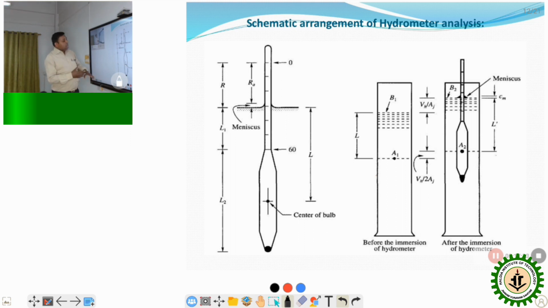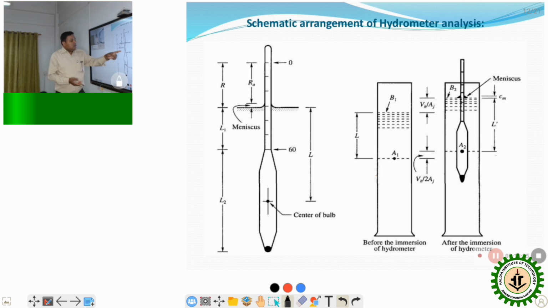So obviously it can be said that at the initial time, when the soil suspension was in a uniform concentration, the hydrometer will immerse less. But when time elapses, the soil particles in the suspension have the tendency to settle down.